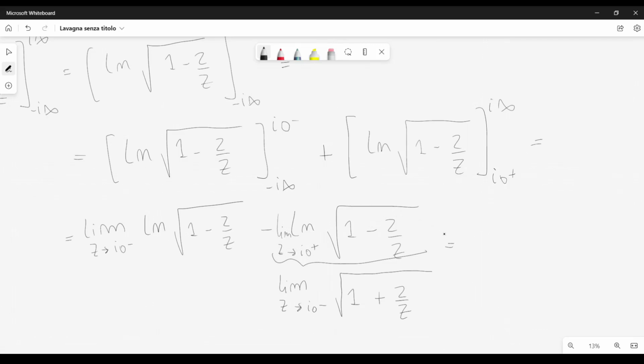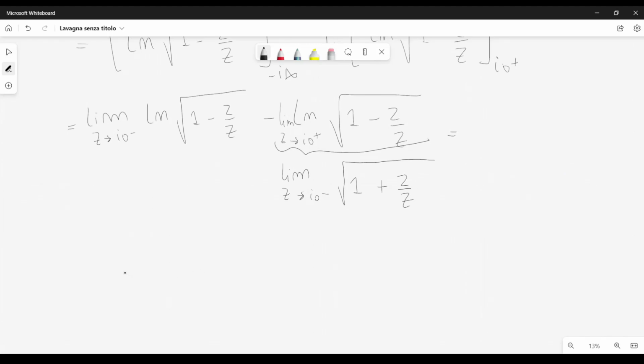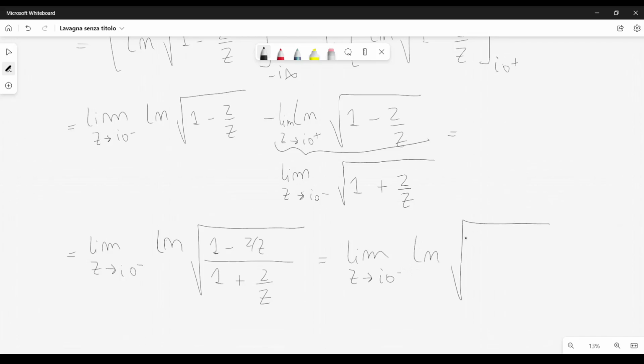And now I can put these two limits together. I have limit as z goes to I0 minus logarithm of square root of 1 minus 2 over z divided by 1 plus 2 over z. And this can be rewritten as the limit as z goes to I0 minus of logarithm of square root of z minus 2 divided by z plus 2.